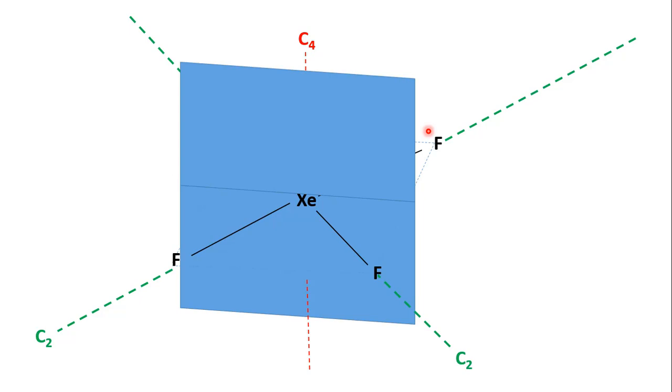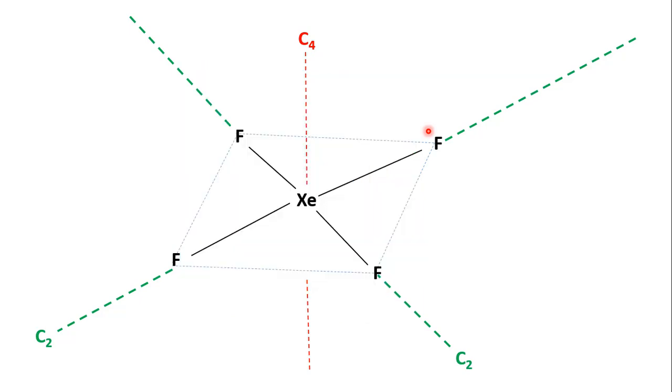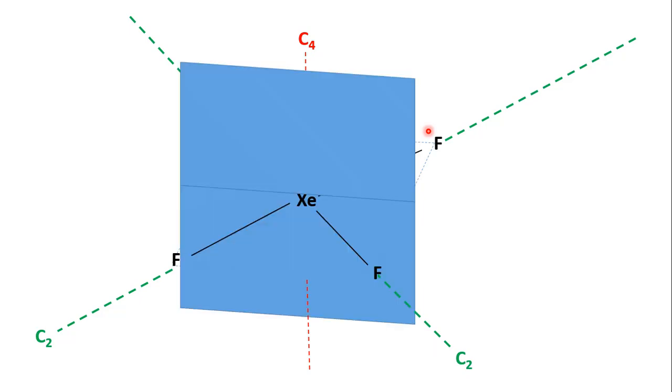And now you look at this plane. Imagine that this plane is passing through xenon, in between this C2 axis and this C2 axis.